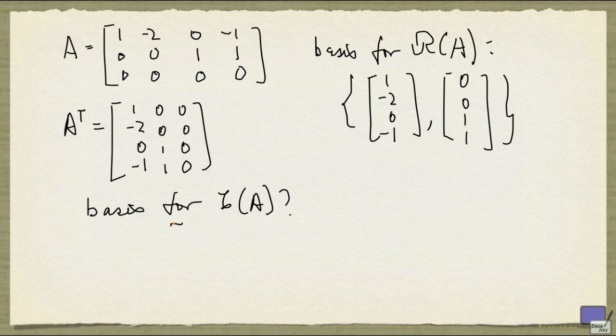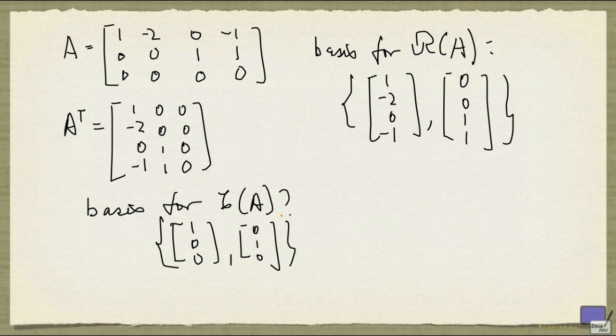So a basis is simply given by the first and third columns of A. And in general, for a matrix A in reduced row echelon form, the pivot columns will give you a basis for the column space of A.